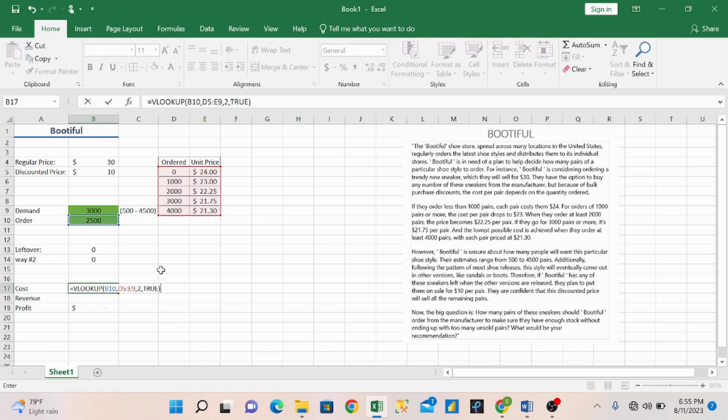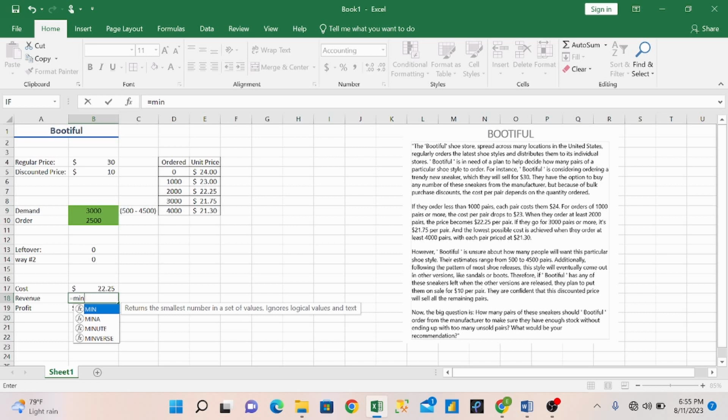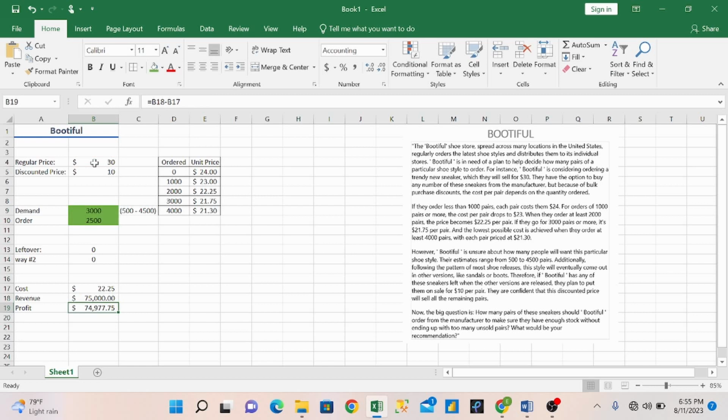return an approximate match. Okay, so my revenue, remember I need to say what I have, so I need to use the mean of both the demand and the order. Then I'll multiply it by the regular price. Now, if you look at my example here, I don't have a surplus.